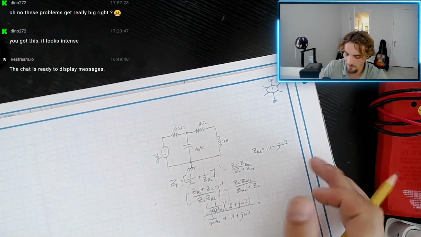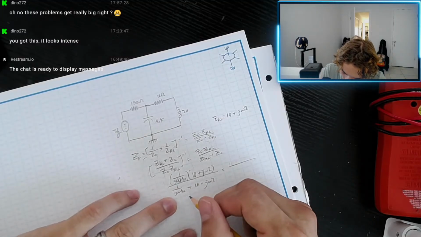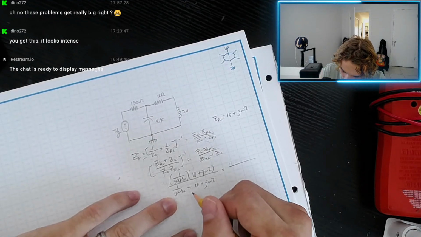Let's calculate the denominator first. I don't want to calculate that yet. j omega 2. Let's put this into a single equation.